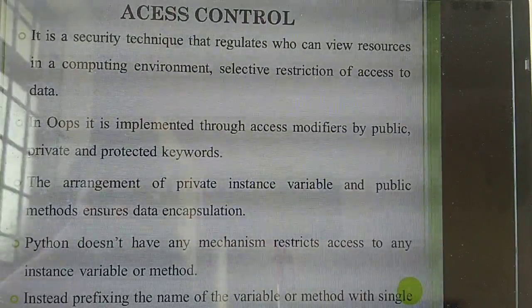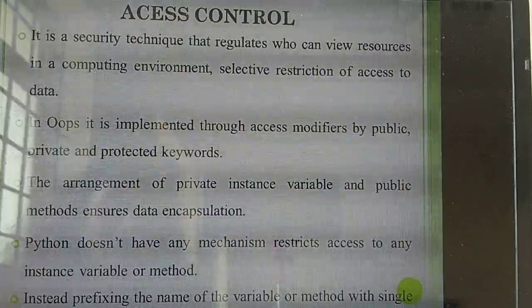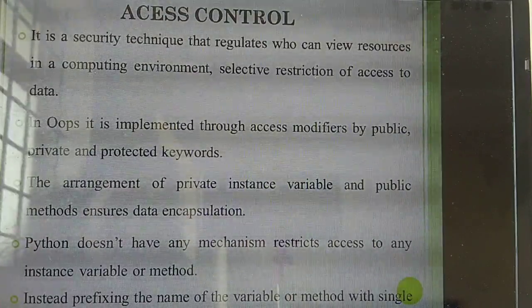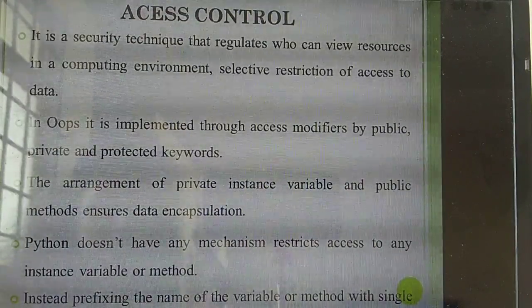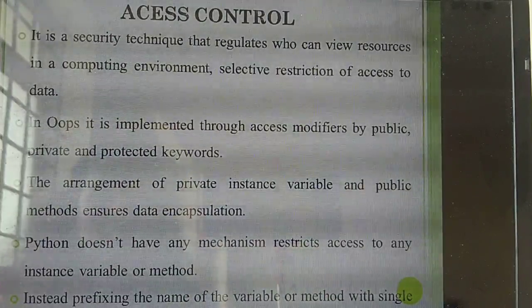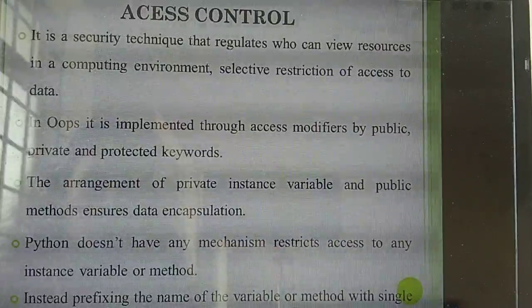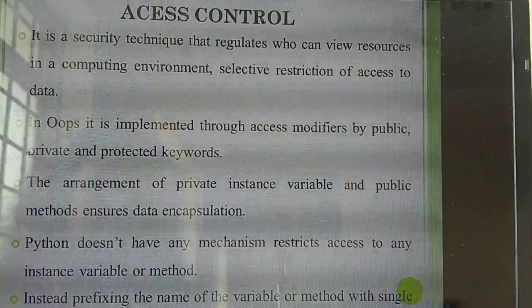For example, in C++ you write void read, a function. In Python I just put an underscore before the name, the read function. That is what I give in Python, just an underscore instead of an access keyword.